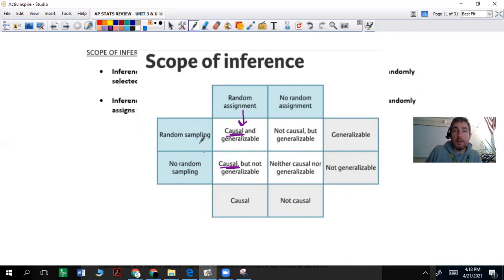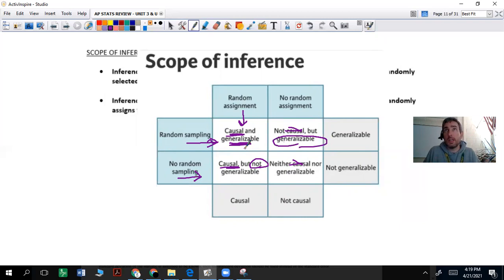But if there's random sampling, so if you sample from a larger population, we can generalize to a larger population. But if there's no random sampling, we cannot generalize. If there is no random assignment, you can't do cause and effect. But if you have random sampling, you can still generalize.